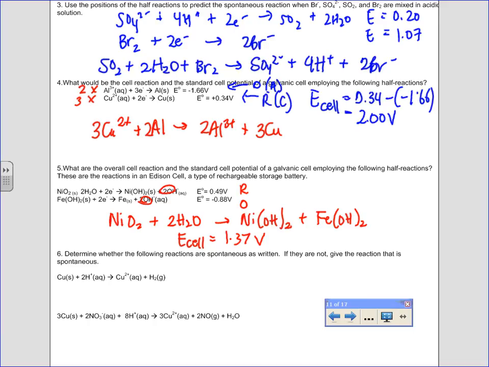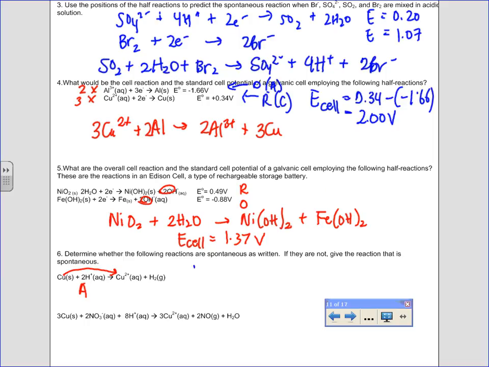In number 6, we're asked to determine whether the following reactions are spontaneous as written, and give a reaction that is spontaneous if needed. So what we have to do here is look at which one is the anode and which one is the cathode, not based on their position on the activity series, but the way that it's written. So in this case, the copper is losing electrons, so the copper is actually the anode.